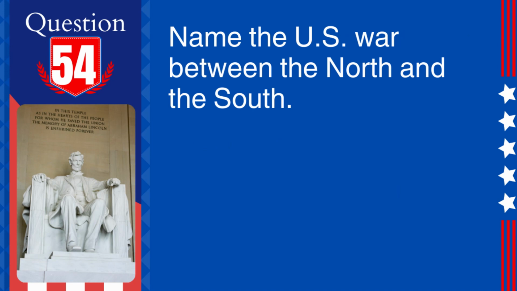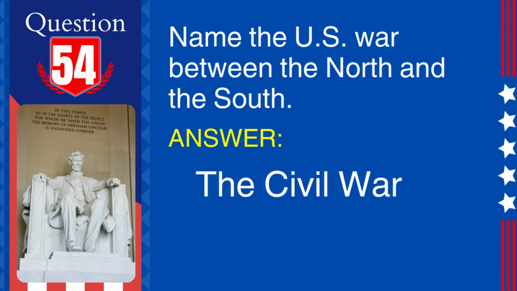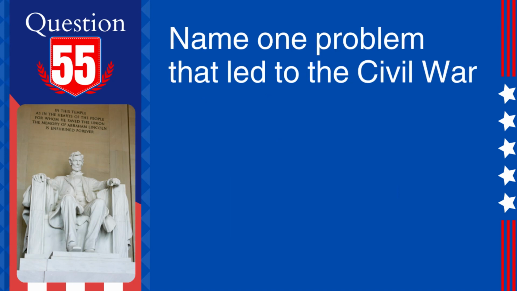Name the U.S. war between the North and the South. Answer. The Civil War. Explanation. The Civil War was fought between the Northern states, Union, and Southern states, Confederacy, over issues including states' rights and slavery.